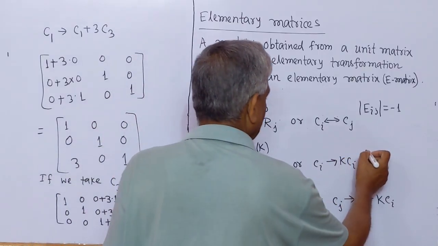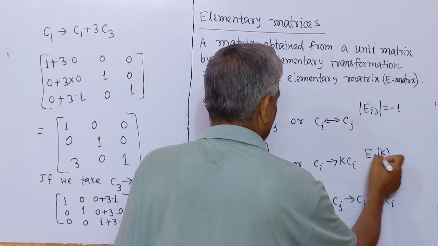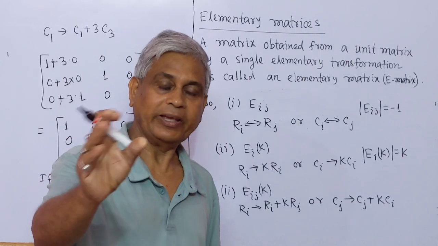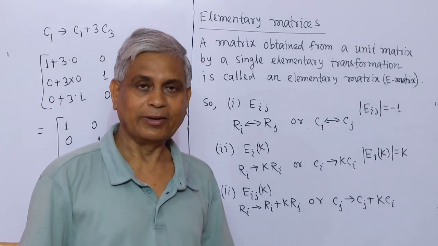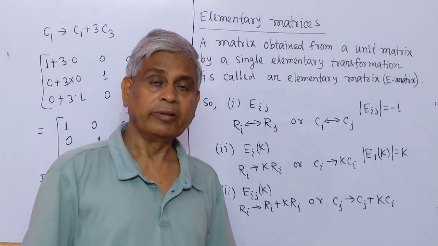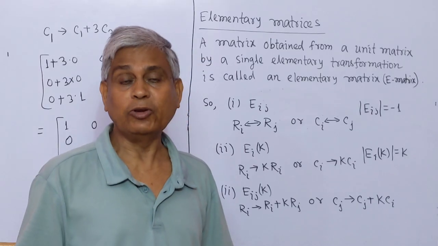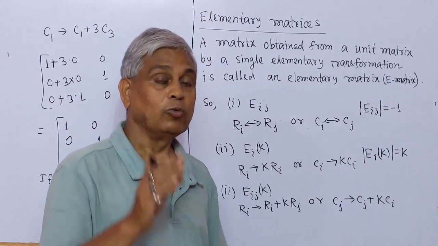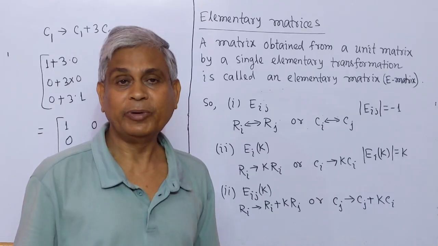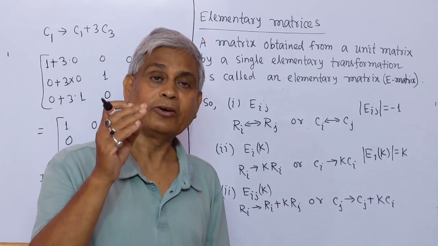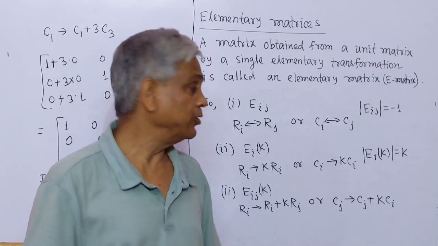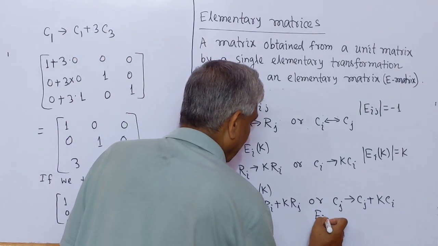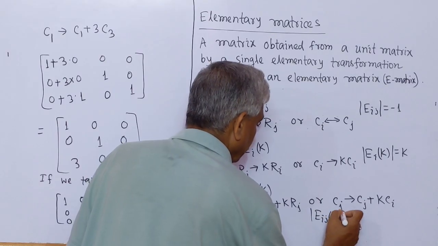Here the determinant is K, because we have multiplied 1 row of the unit matrix by K. The determinant of the unit matrix is 1, so if we multiply 1 row or 1 column of the unit matrix by K, the determinant will be K. And for Eijk, the determinant will be 1.